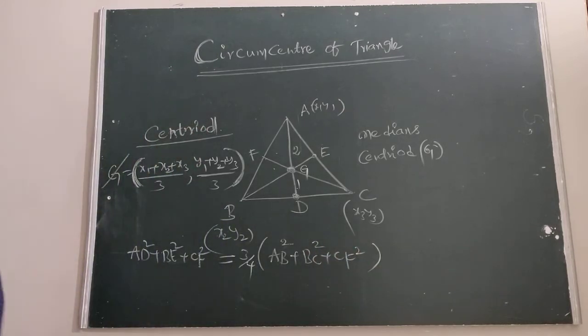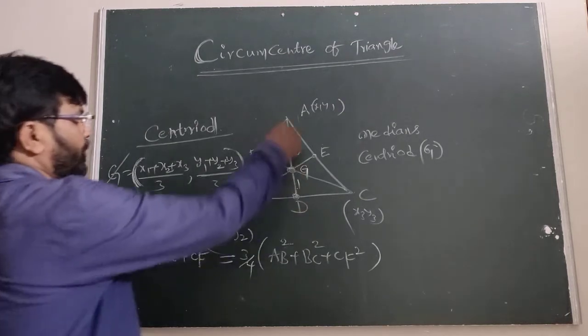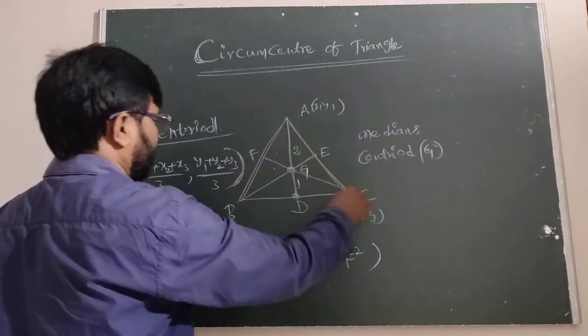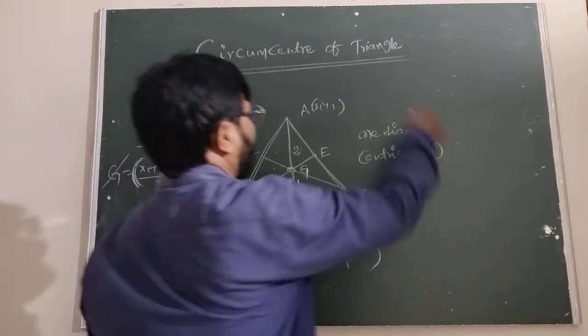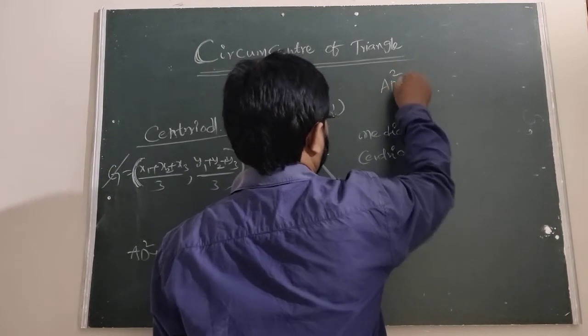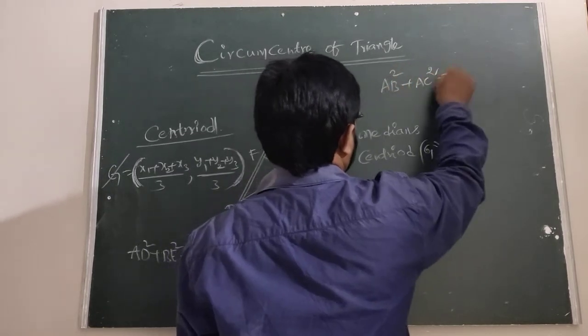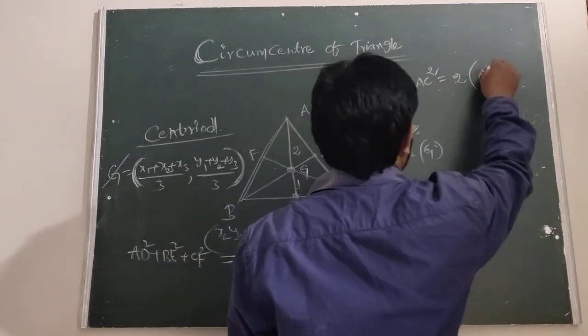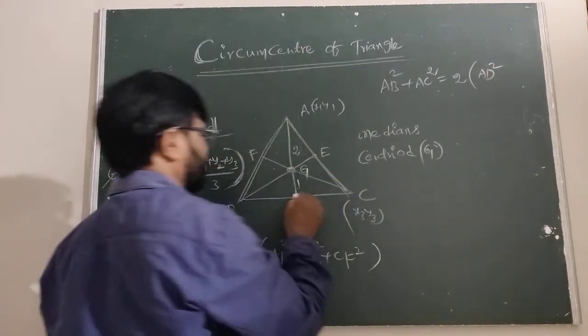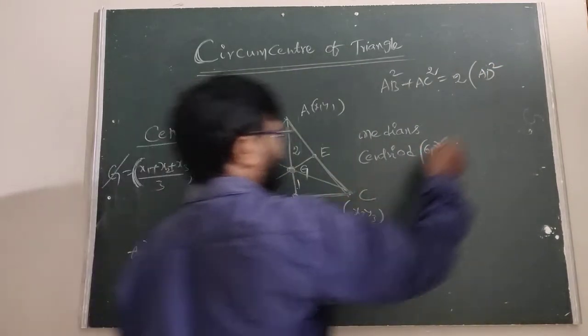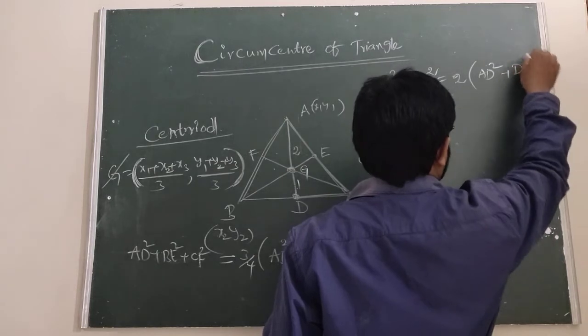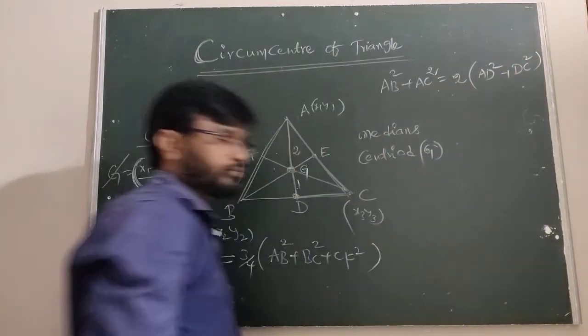Apollonius theorem: AB square plus AC square is twice into AD square plus DC square, or BC square by 4. This is the Apollonius theorem.